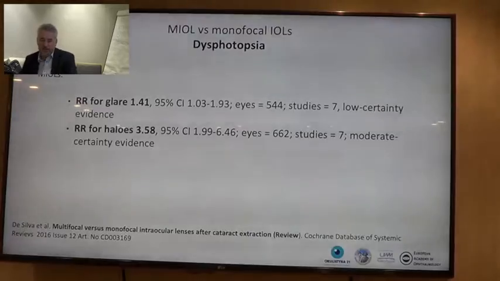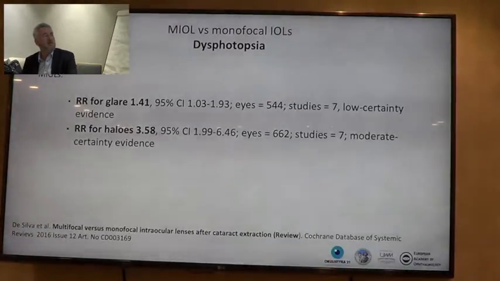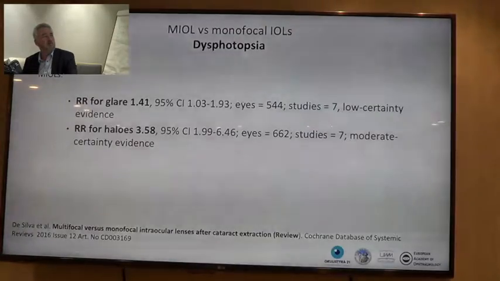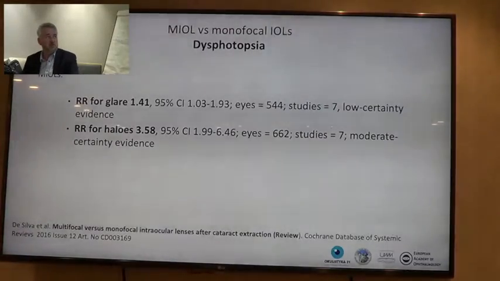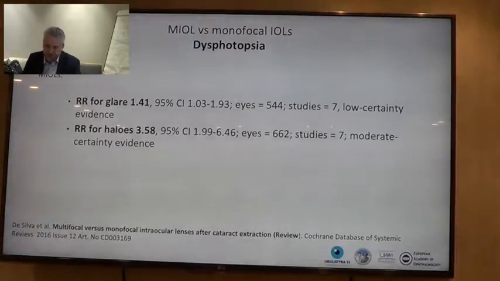Interestingly, the risk for halos was much higher, as you see here. For glare, it's not such a big risk. It's a 1.4 risk ratio, and for halos the risk ratio is 3.6. So it is much higher.